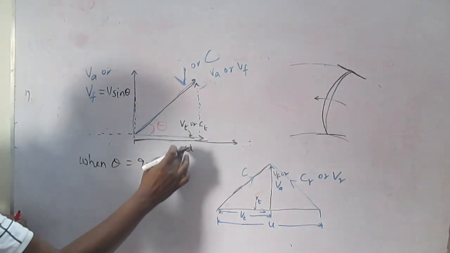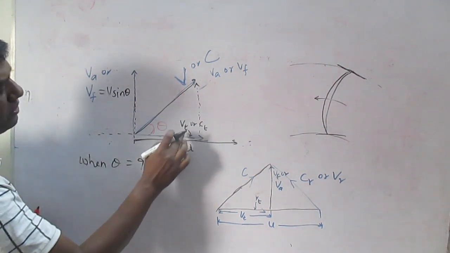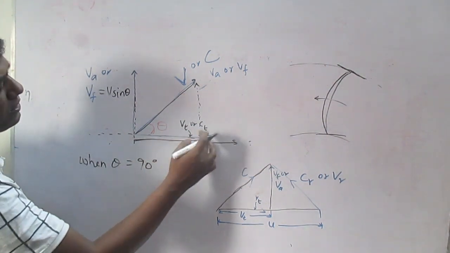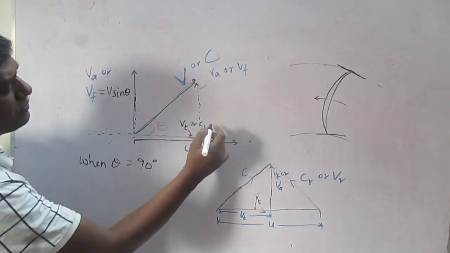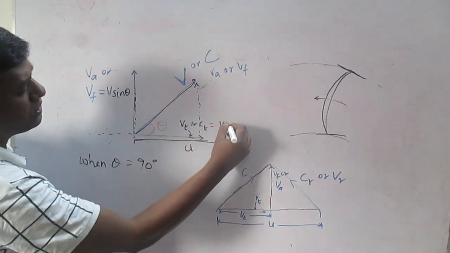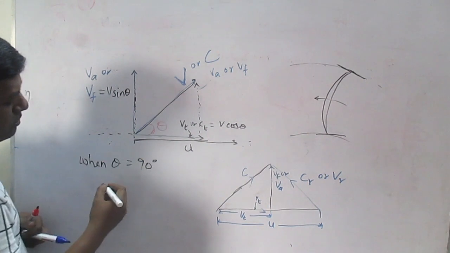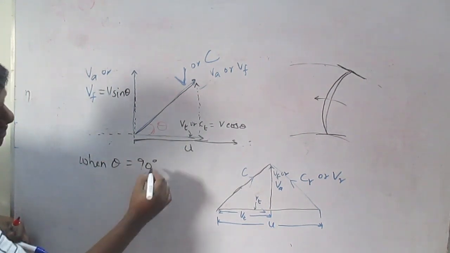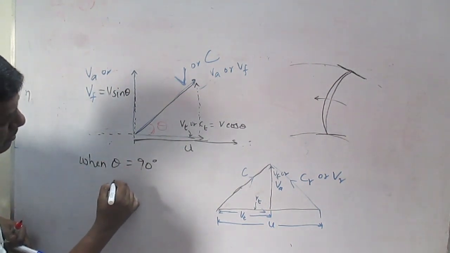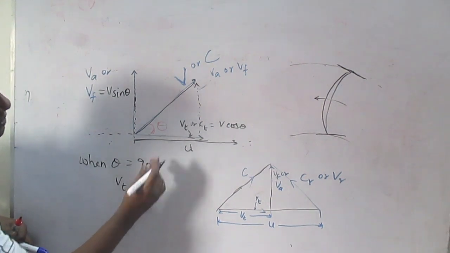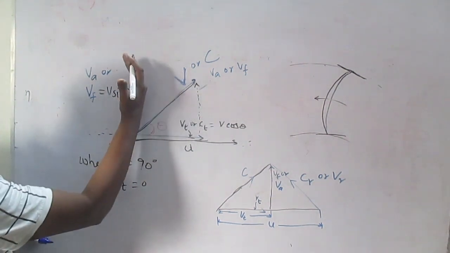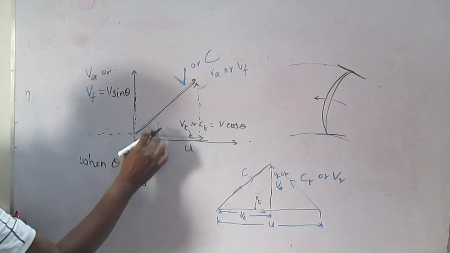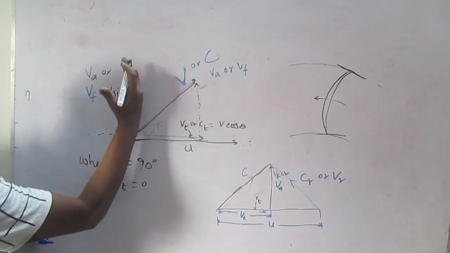When theta equals 90 degree, our Vt is nothing but V into cos theta. So our Vt will be 0. So when theta equals 90 degree, Vt will be 0. Then this component comes to the vertical, because this angle theta equals 90 degree, this component becomes like this.